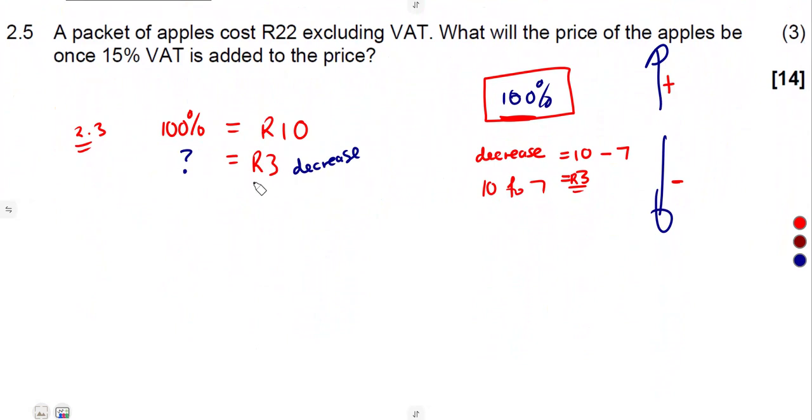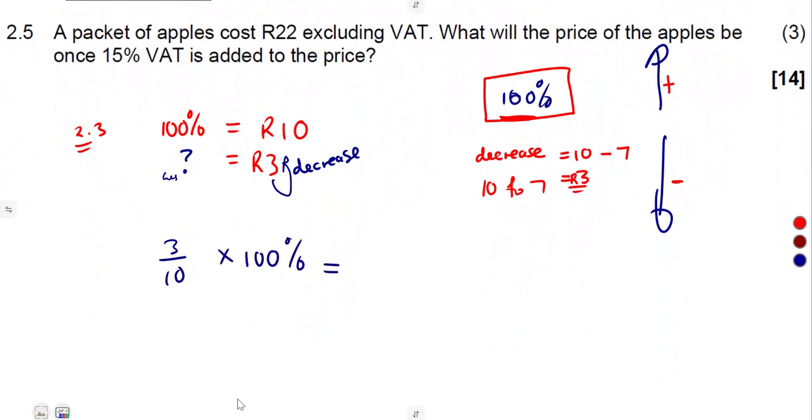Because the question is, what is the percentage of the decrease? And our decrease is 3 rand. That is less as we compare 10 and 3. So it is 3 over 10 times 100%.